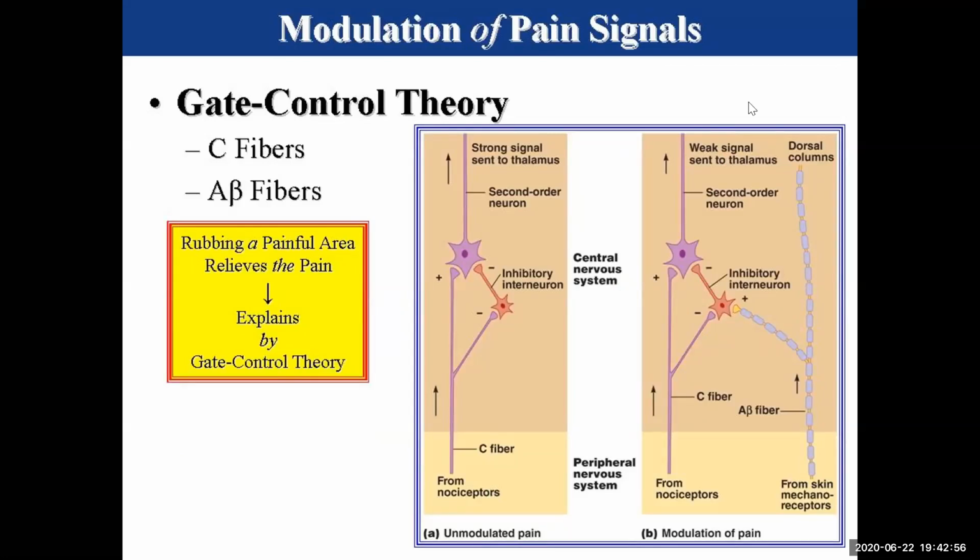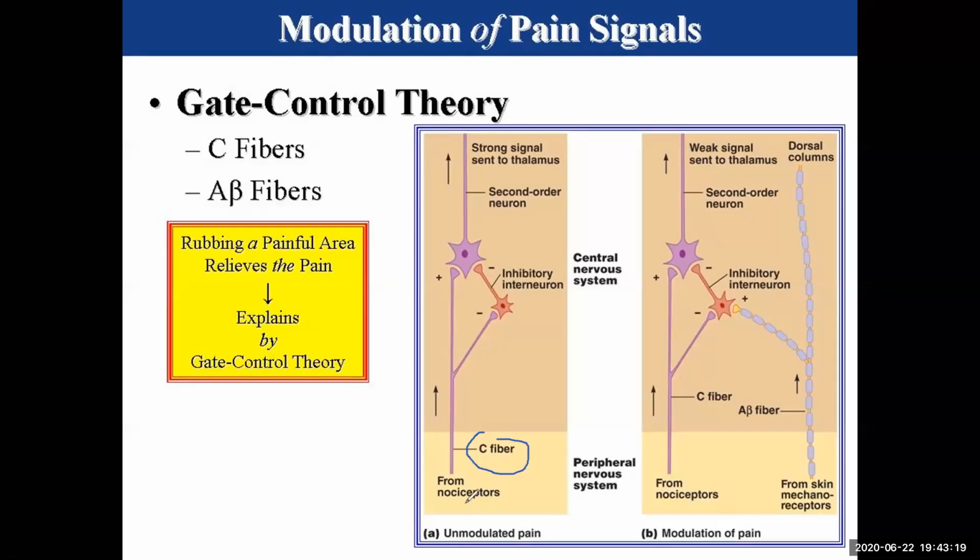This is a very important concept: the ability to modulate pain. The first one is called gate control theory. This is the C fiber, a specific type of first order neuron, right?